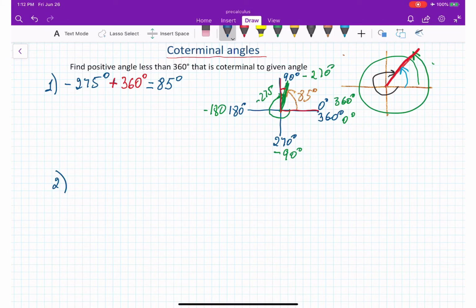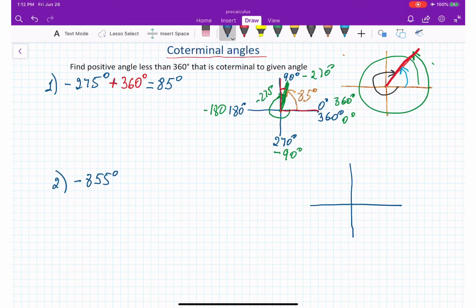Let's find the coterminal angle for negative 855 degrees. All right, let's go. 855.